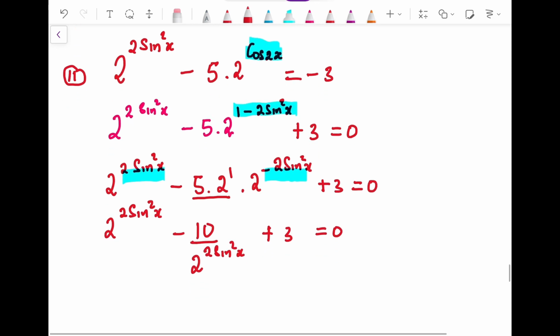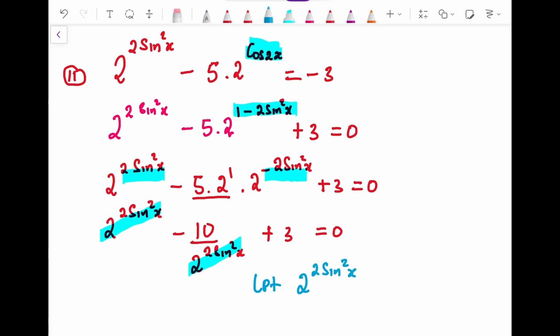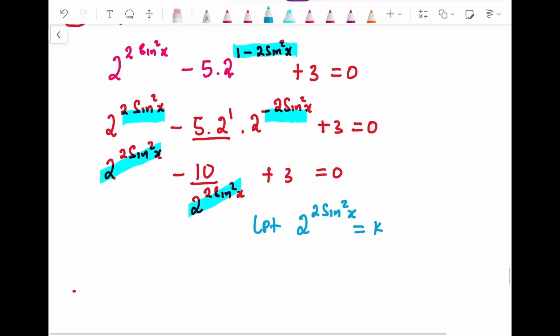And then from here, we can let these equal to k. So we will then now say let 2 to the exponent 2 sine squared x equal to k. So if we let this equal to k, we are going to have k minus 10 over k plus 3 is equal to 0.